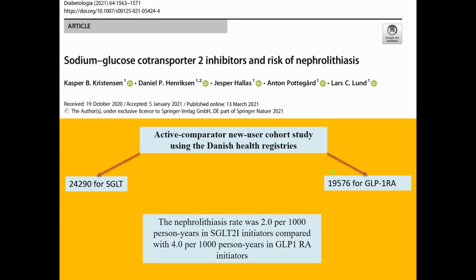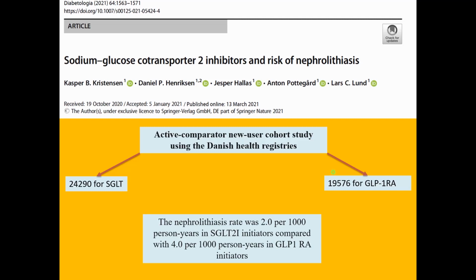Then these are the new things which I'm going to talk about. Nephrolithiasis, I don't think it's very new, but I'll be talking about the new benefits of empagliflozin later. This is again a large study published in Diabetologia, from the Danish Health Registry. So these are not randomized controlled studies.